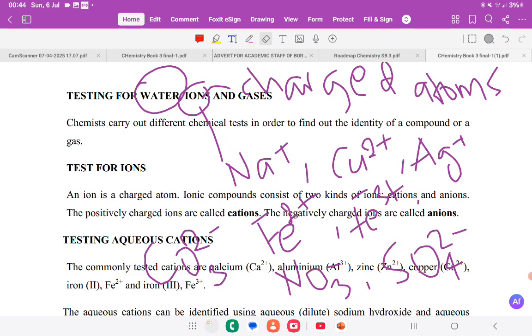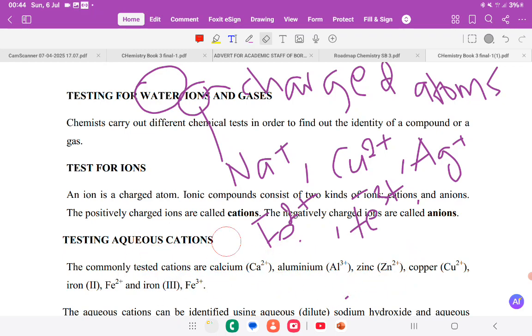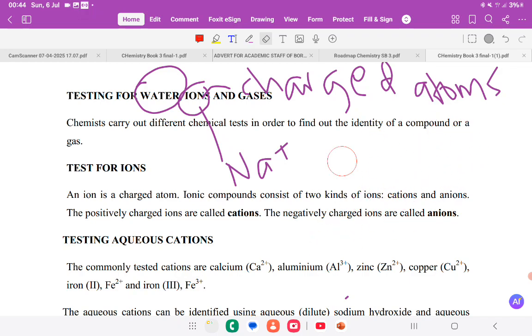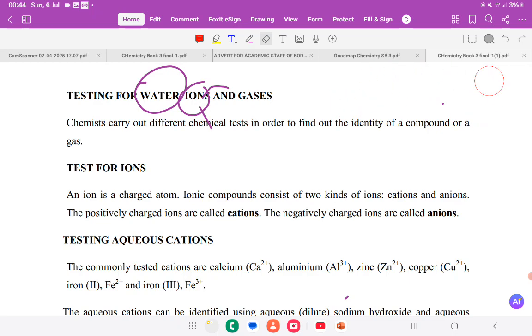You will also be required to determine the type of gas which a substance or a chemical reaction releases. The type and the name of gas released by a chemical reaction.